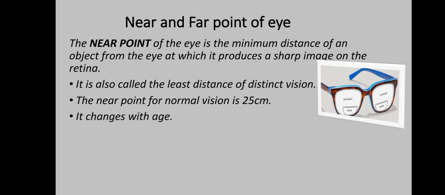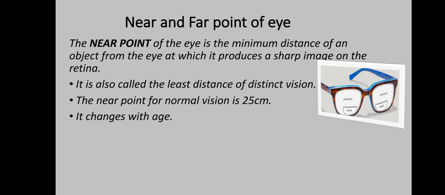It changes with age, as you know that the senses are not that sharp in old age, so the vision also changes with age. For people in their early 20s with normal vision, the near point is located about 25 centimeter from the eye. It increases to about 50 centimeter at the age of 40 years and to roughly 500 centimeters at the age of 60 years.